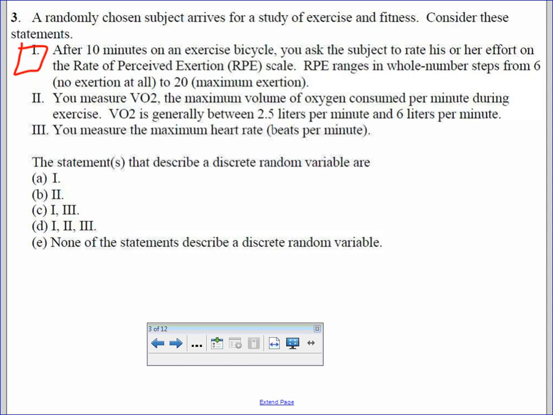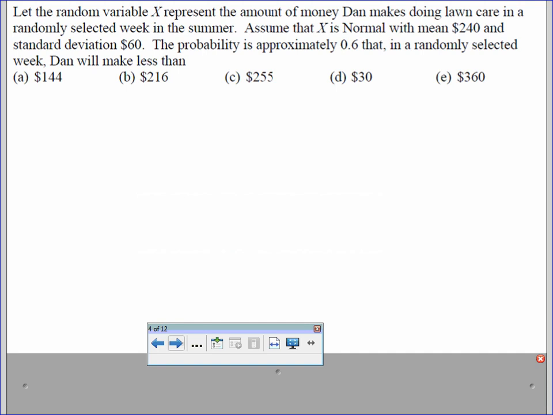So this is discrete, and this is discrete. VO2 is not discrete. It's a continuous scaled thing. It's not going to be a discrete random variable. So the answer is C, 1 and 3. All right, read the question, pause, and we'll pick up the explanation in 1 second.